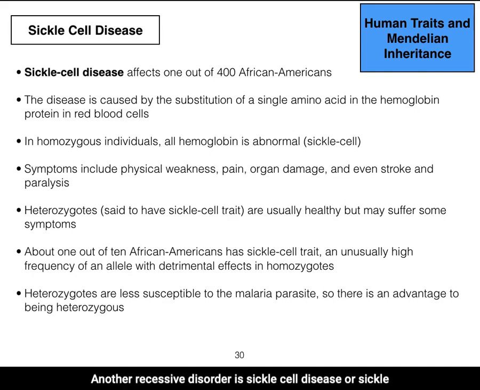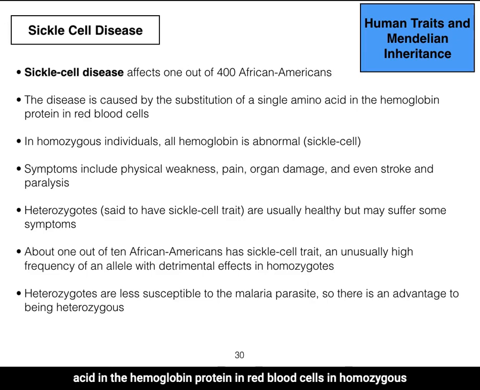Another recessive disorder is sickle cell disease, or sickle cell anemia. This disease affects 1 out of every 400 African Americans or people of African descent. The disease is caused by the substitution of a single amino acid in the hemoglobin protein in red blood cells.